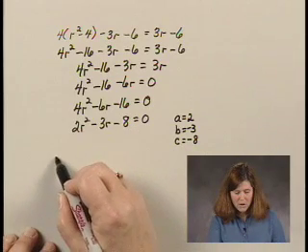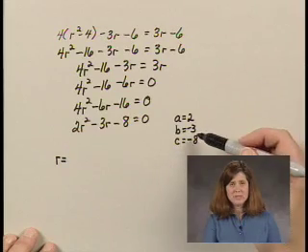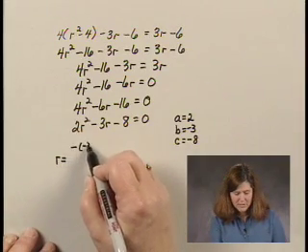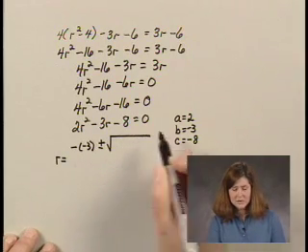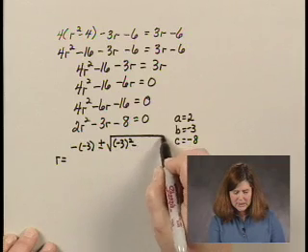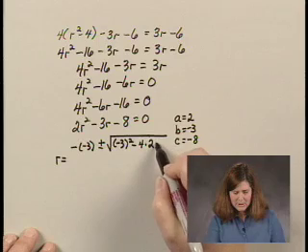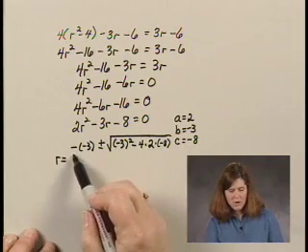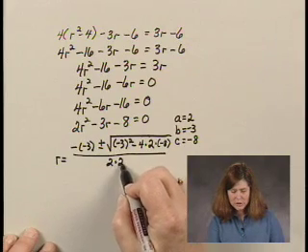So my variable R equals, I'm going to say the quadratic formula and substitute as I go. R equals the opposite of b, so it's the opposite of negative 3, plus or minus the square root of b squared, that's negative 3 squared, minus 4 times a times c, substituting as I go, all over 2 times a, and a is 2.